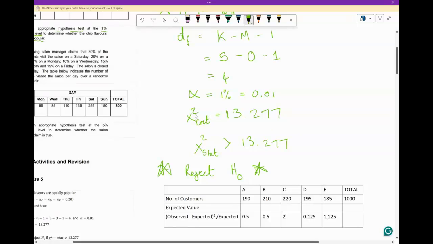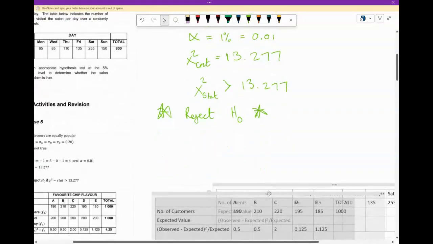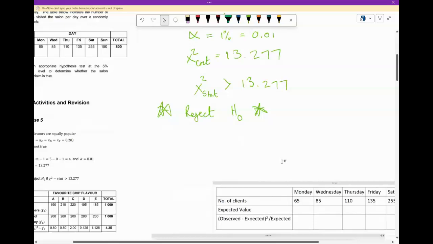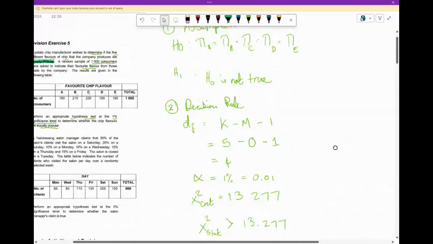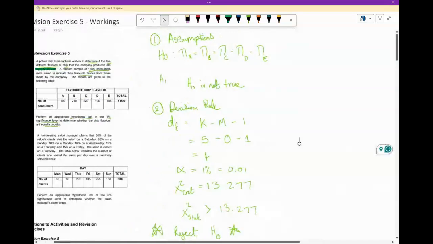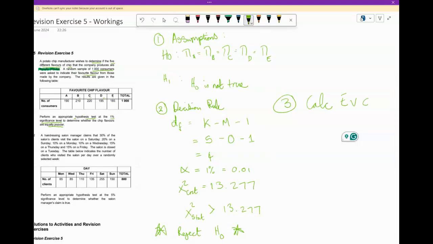We now know what we're going to do once we have our result. So step number 3 is to then calculate your expected value and your chi stat.